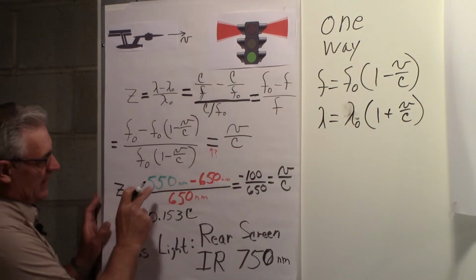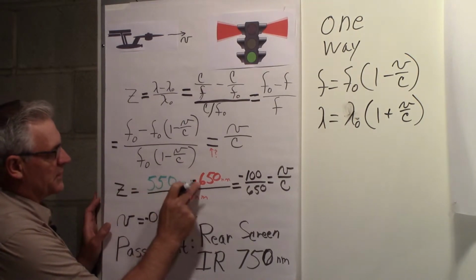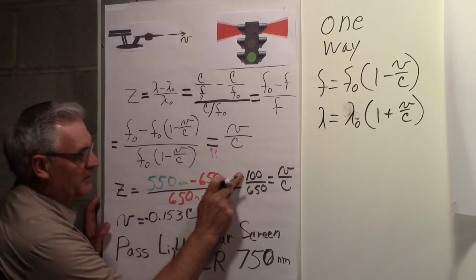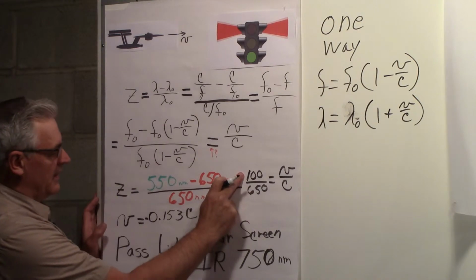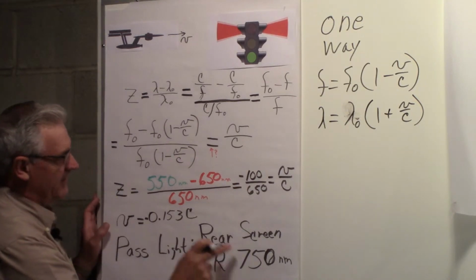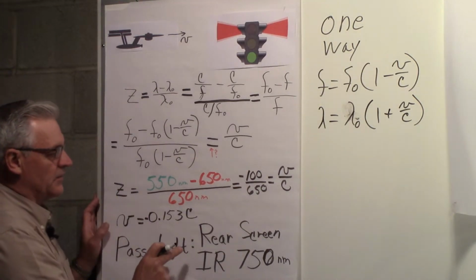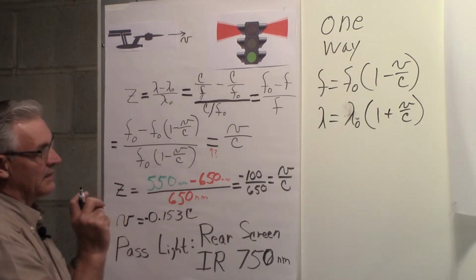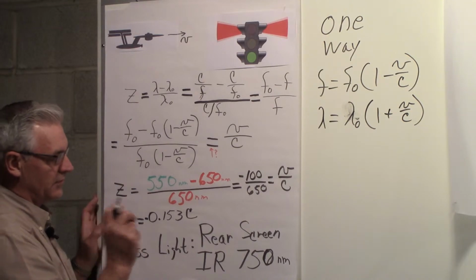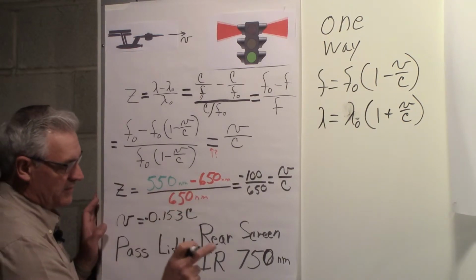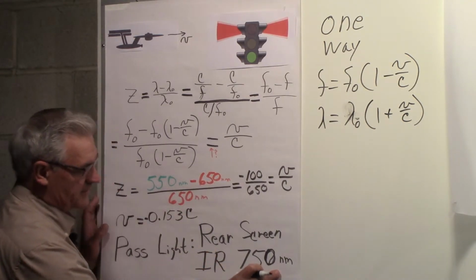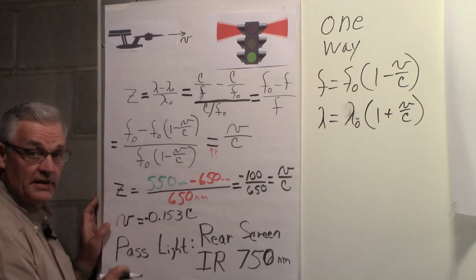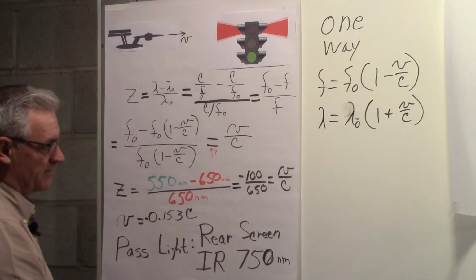So we need a number here which, when subtracted from the 650, will give a positive 100. That number is 750. So if you look in the rear screen after you pass the red light, the actual red color would be shifted to 750 nanometers, and that is just barely in the IR part of the spectrum.